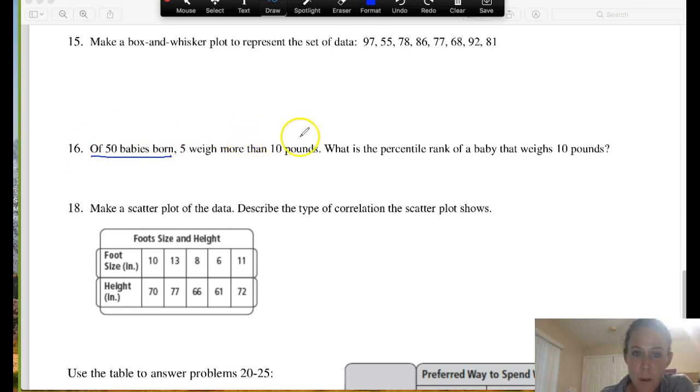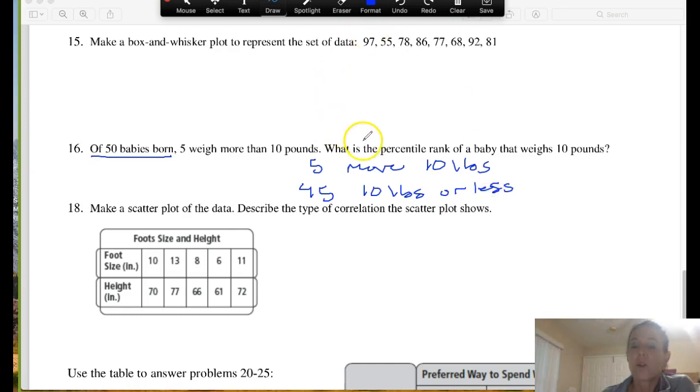5 of them weigh more than 10 pounds. If 5 weigh more than 10 pounds and there's 50 babies born, that means there's 45 that weigh 10 pounds or less. Okay. So what's the percentile rank of a baby that weighs 10 pounds? Remember what percentile means.